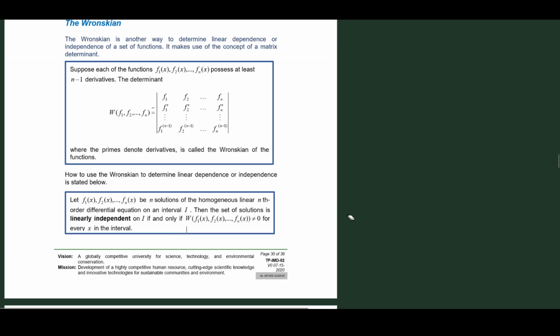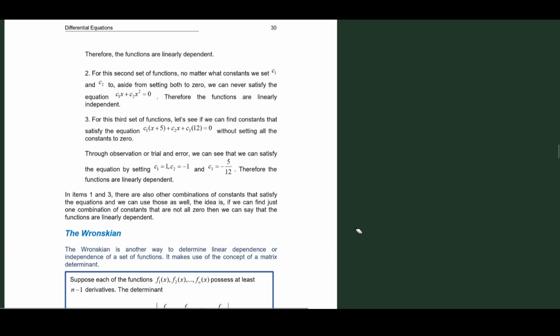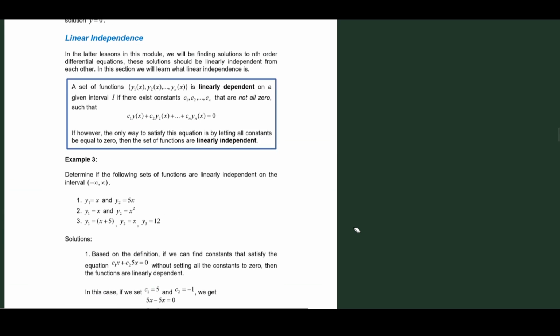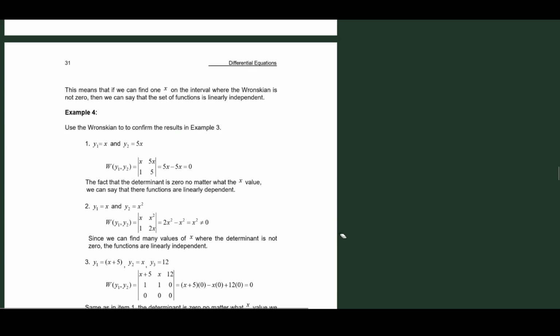This will be clearer once we do the examples. Now we will do the same examples that we did for the previous lesson, the previous linear independence topic, so that we can confirm our results.